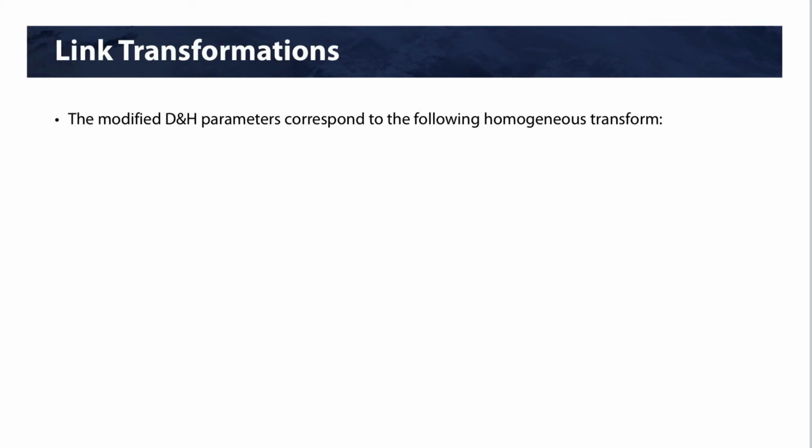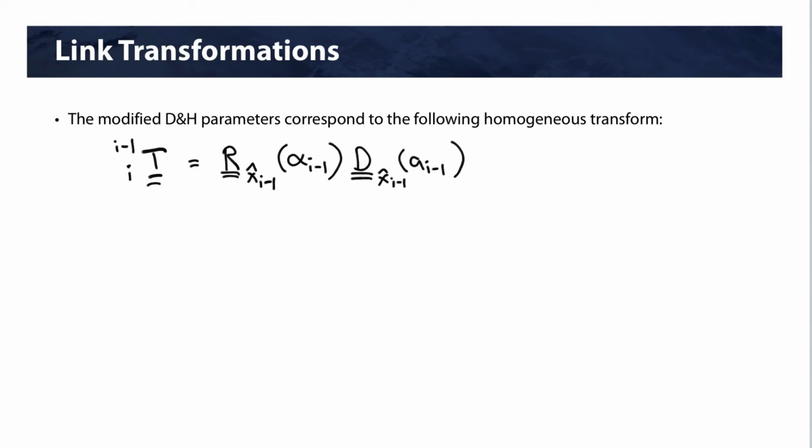Now, those 4 D&H parameters, in this case the 4 modified ones, correspond to the following homogeneous transform. We have the homogeneous transform that describes frame i with respect to frame i-1. It's equal to a rotation about the Xi-1 axis by alpha i-1, then a displacement along the Xi-1 axis by our ai-1 value.